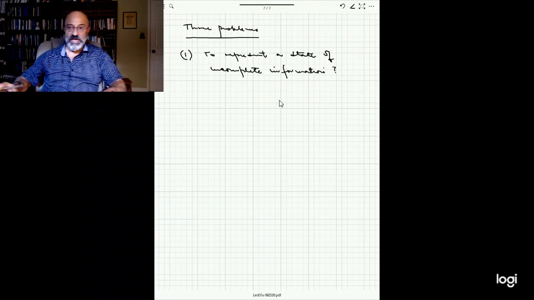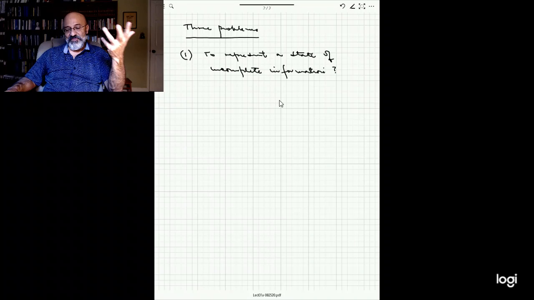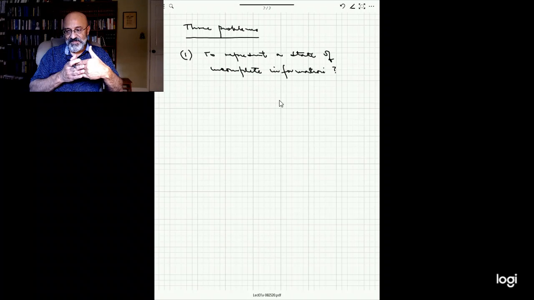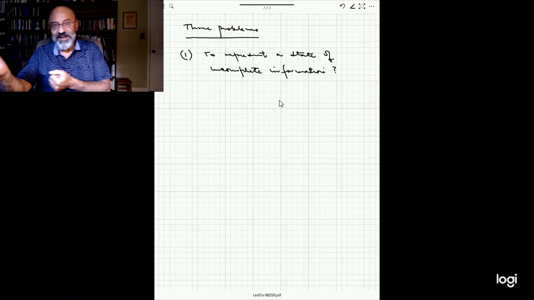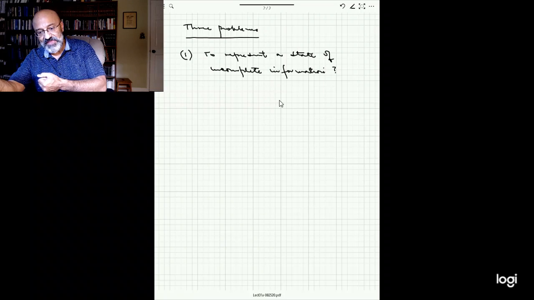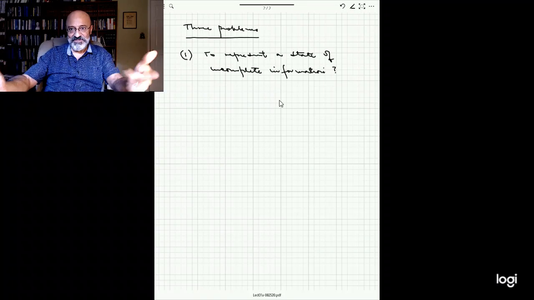Mathematically, how do you do that? Actually, it's highly non-trivial. When you want to reason about something, you normally do deductions. If I know this, I can deduce that. But if you don't know this, what can you deduce? It seems like a trick question. What can you say when you don't know what to say?